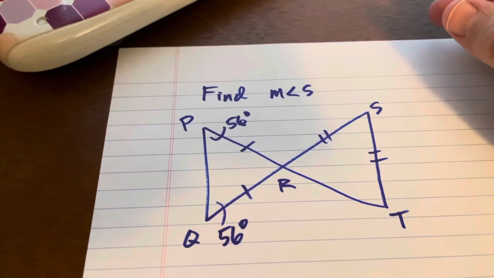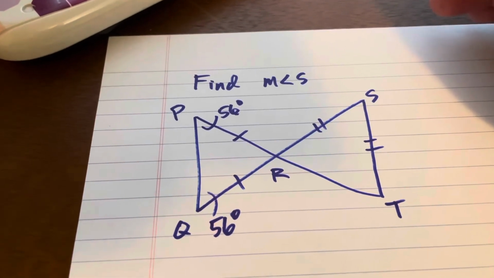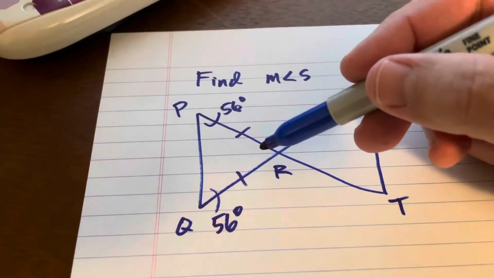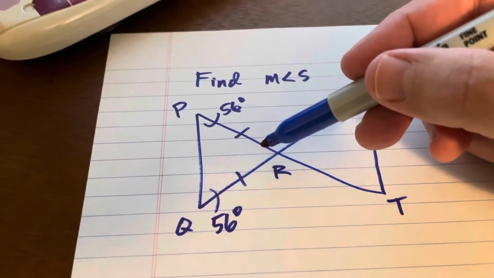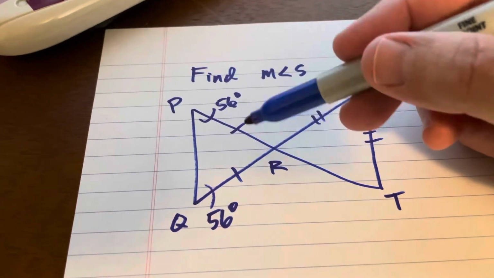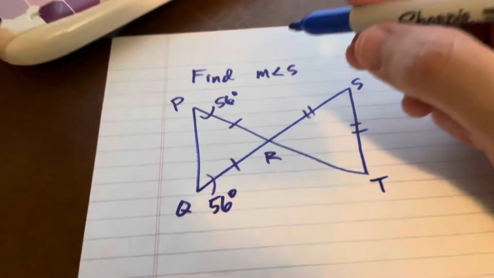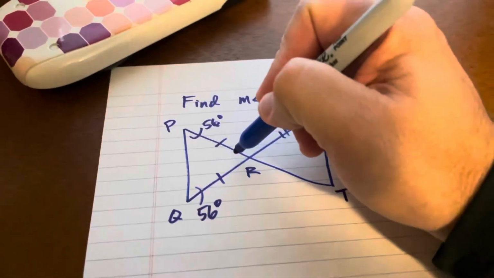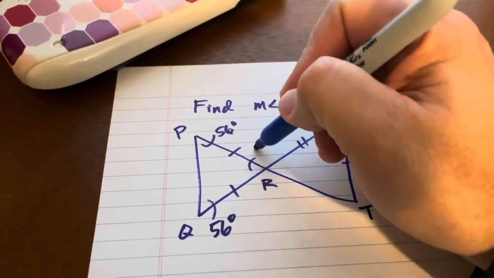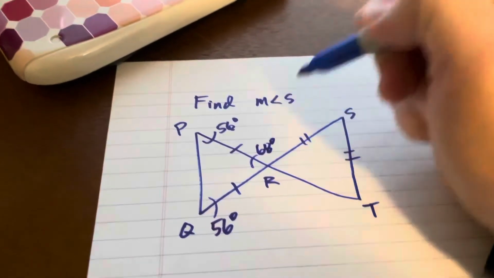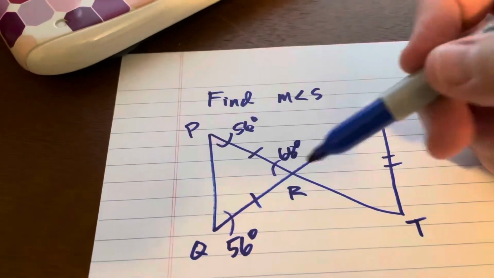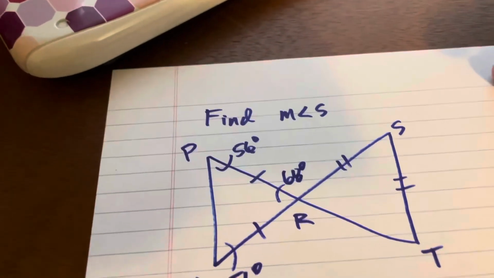So 56 plus what, plus this angle here, is 180 degrees. And if you do the math on that, 180 minus 56, and then subtract 56 again, you see that this is 68. So this is 68 degrees. Angle R is 68 degrees.